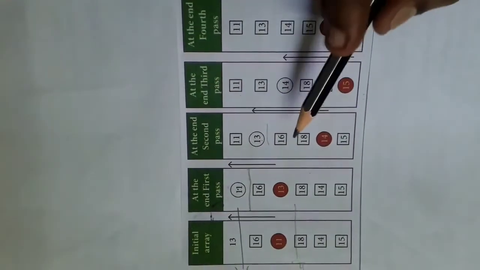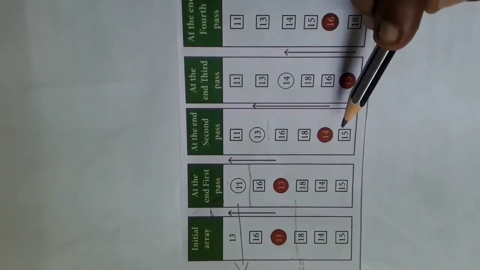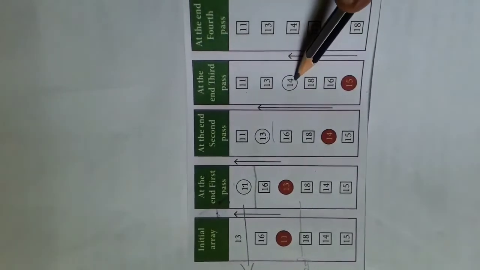Now we have 4 elements. Among these 4 elements, the smallest element is 14. 14 will be taken to the third position. Now we have the remaining 3 elements. Among these 3 elements, 15 is smaller. 15 will be taken to the fourth position.